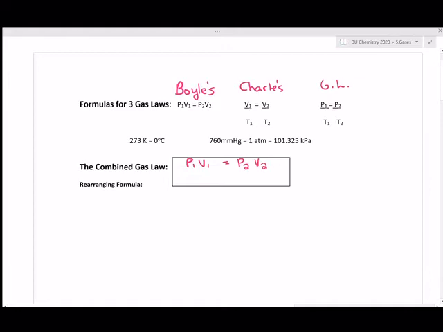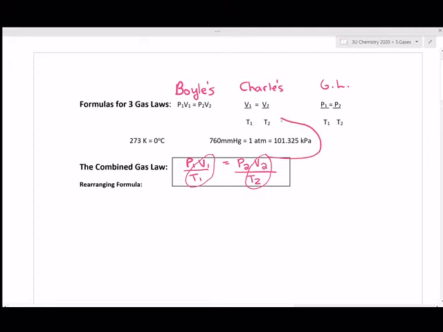And then if I were to add Charles into it, V1 over T1 equals V2 over T2.